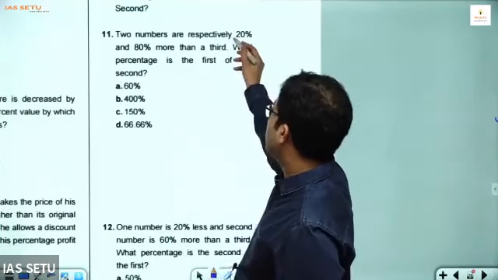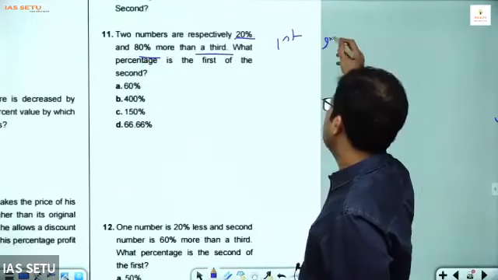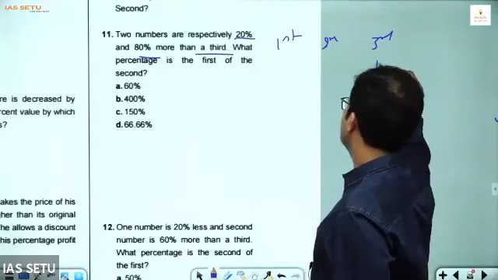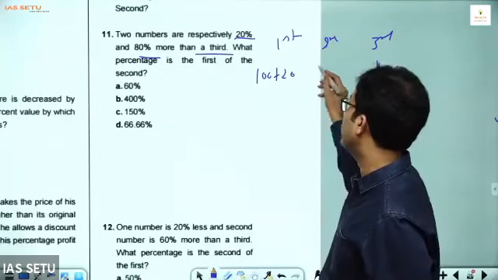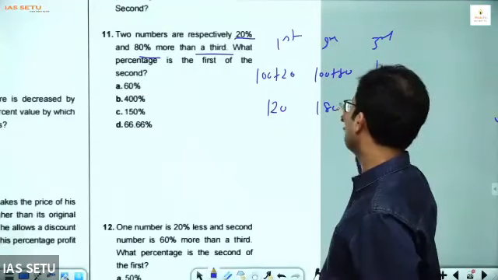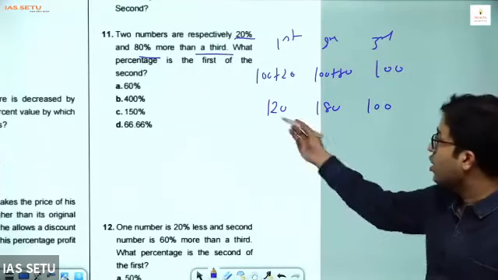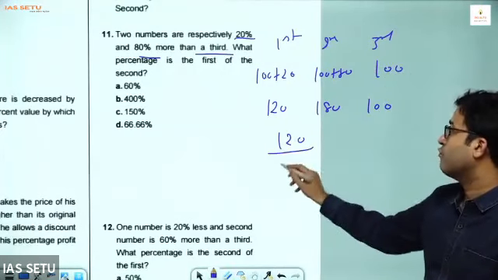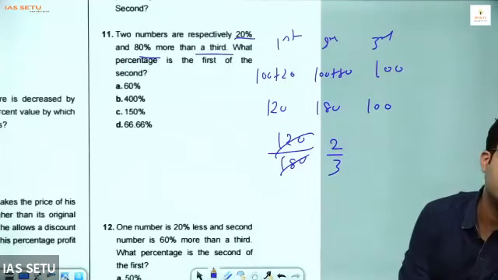First number, second number, third number. We assume third number 100. First number is 20% more, means 100 plus 20. Second number is 100 plus 80. So this is 120, 180, 100. What percentage is first of the second? 120 out of 180, 2 by 3. 2 by 3 is 66.66%.